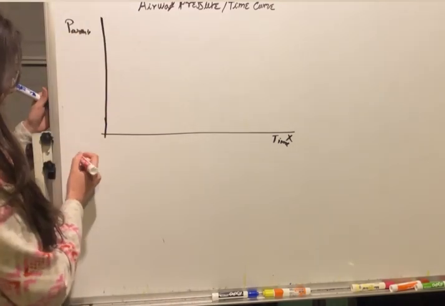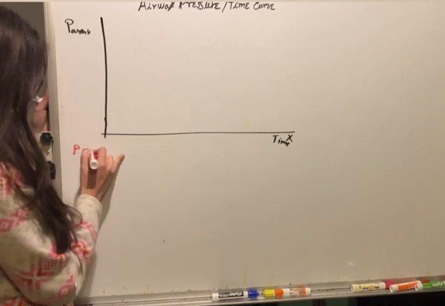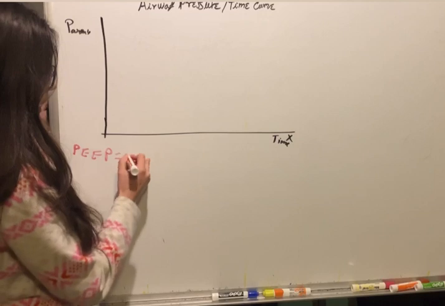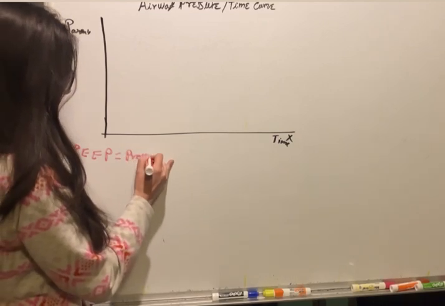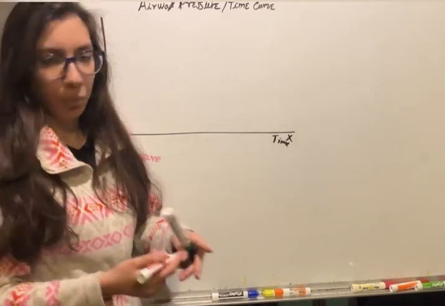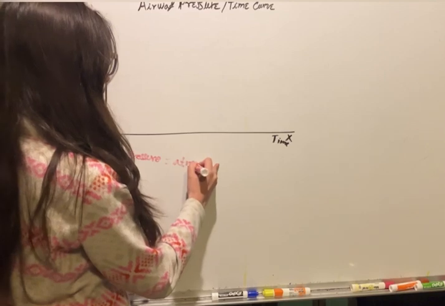So first we have the positive end-expiratory pressure. This is the pressure at the end of expiration, and this is a positive pressure. Usually this is equal to the atmospheric pressure.